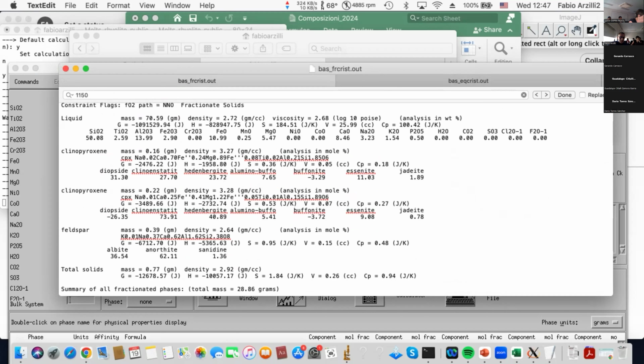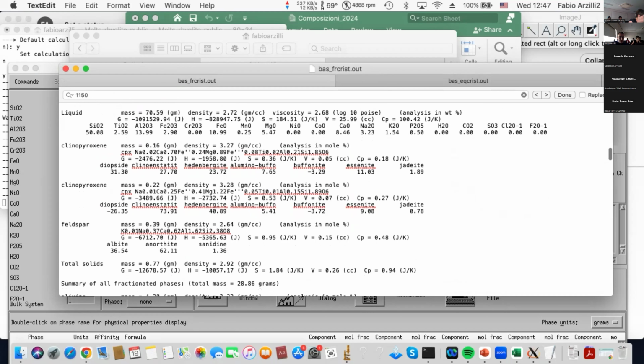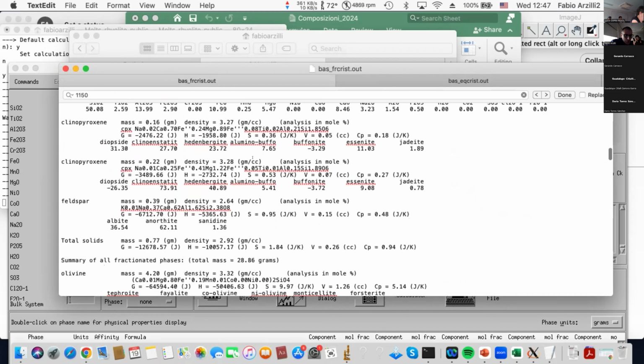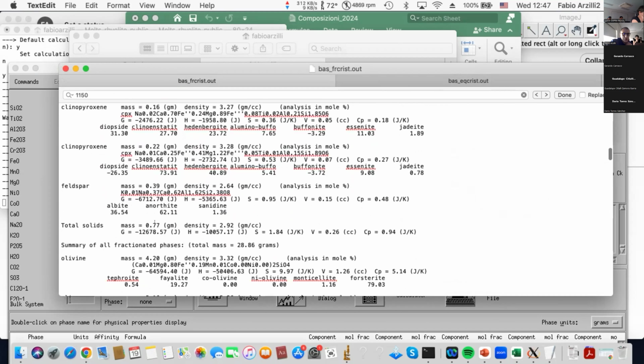Okay, we see some small changes, but still the total solid so far at 1150 is not so big. So the total mass in equilibrium with this magma is 1% basically.